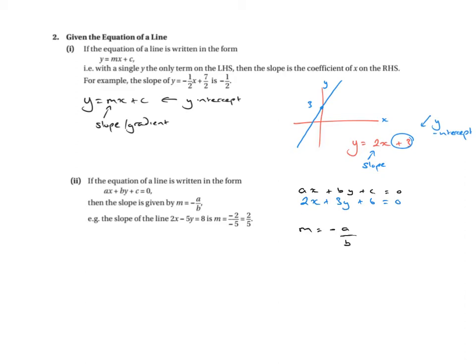And you can see here that my a is 2 and my b is 3. So this is now going to be equal to minus a, which is 2, over b, which is 3, and that means that my gradient for this particular equation of a line is equal to minus 2/3.